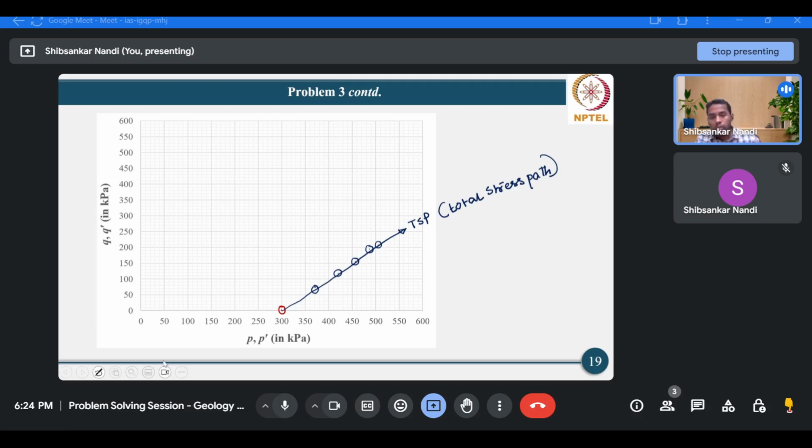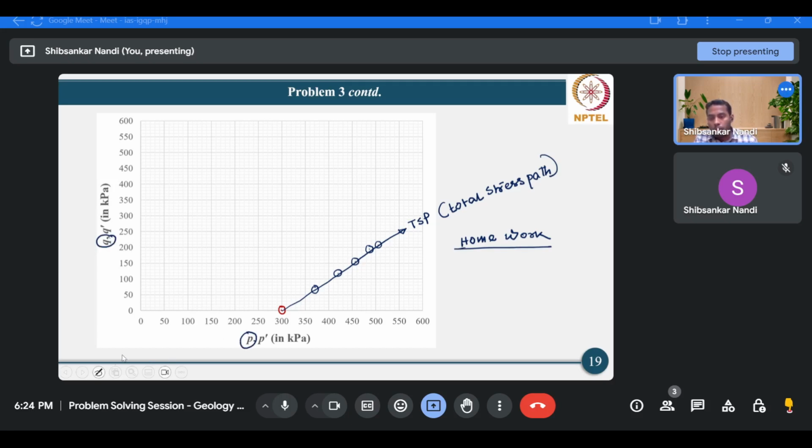Now I will request you similarly you draw the, so this is a homework. So by utilizing the value q and p, we have drawn the total stress path.